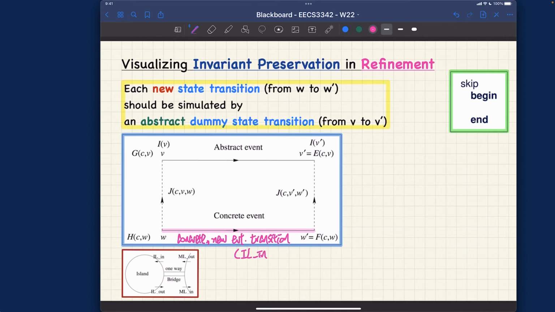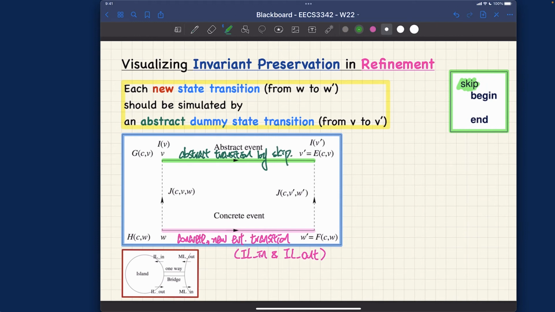And over here, the corresponding abstract counterpart will be this skip event that we just spoke about, the dummy event. So this will be the corresponding abstract transition by the skip.